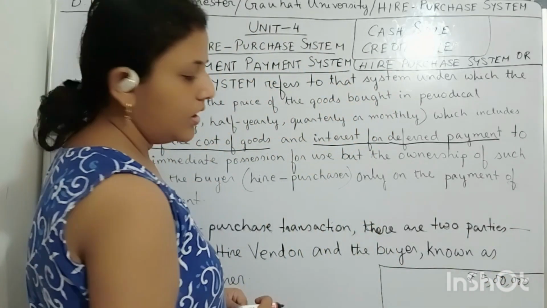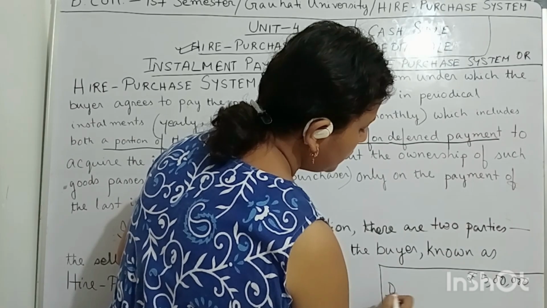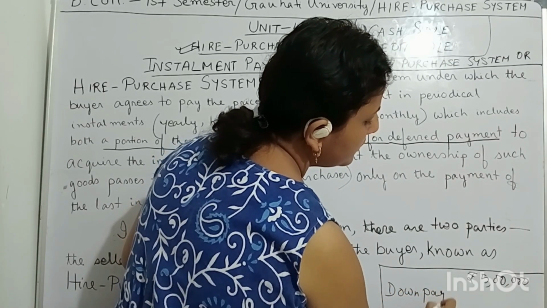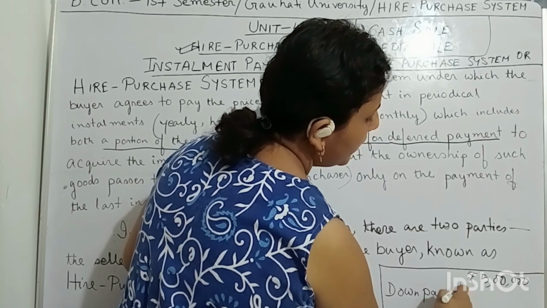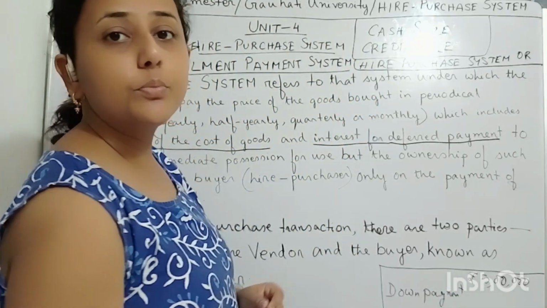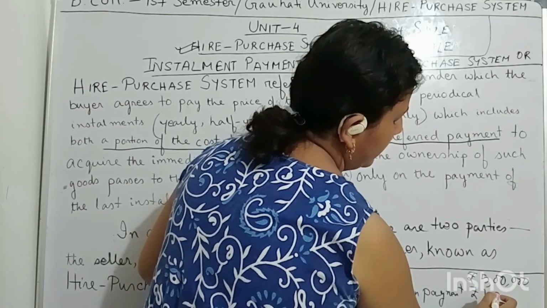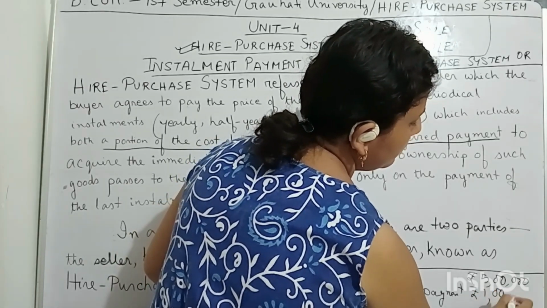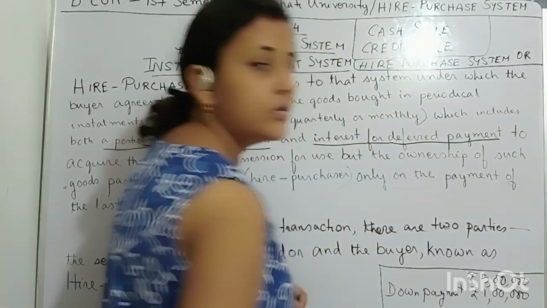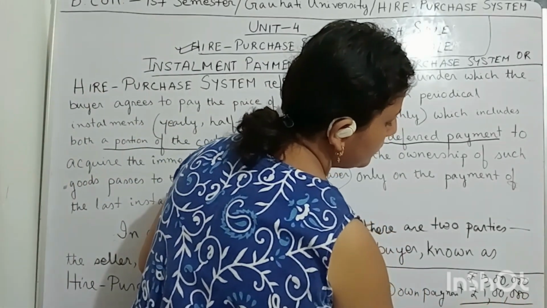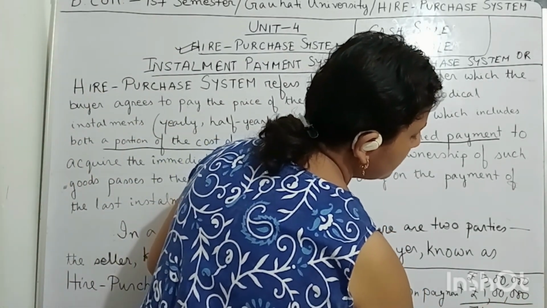Now what does down payment mean? A lump sum amount is paid when the asset is purchased by the buyer. Suppose rupees 1 lakh is the amount of down payment. Then what remains? Rupees 4 lakh.